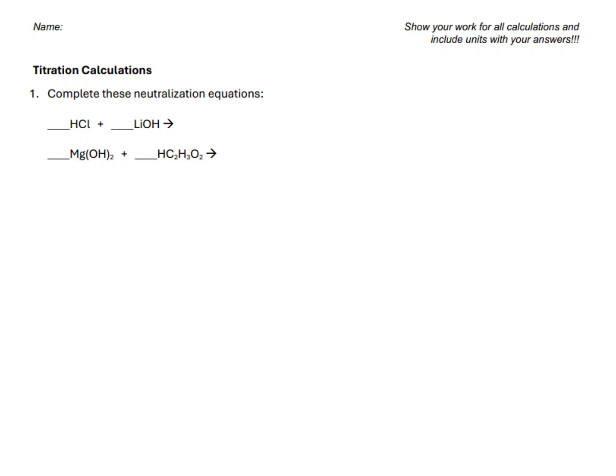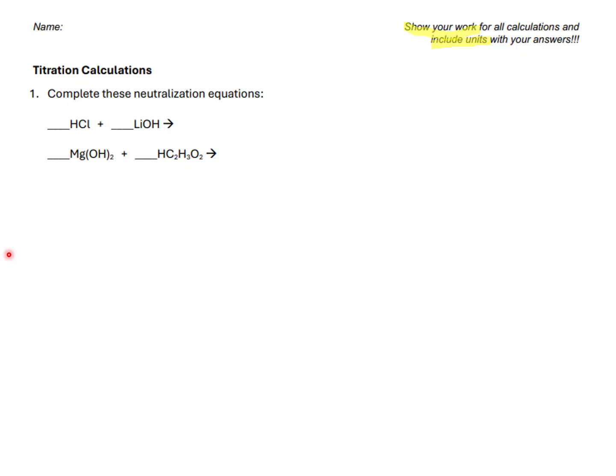All right, so here we have the first problem. Notice that you have to show all of your work for all calculated values and make sure you include units, as I've already said. You have already done problems like this where you had to find the products of an acid-base reaction.